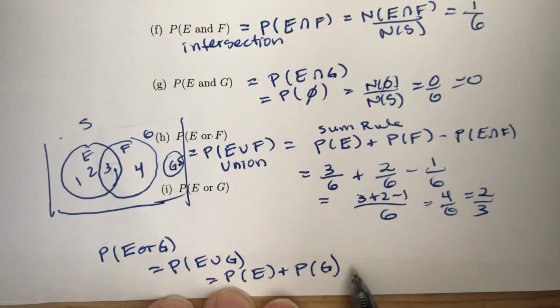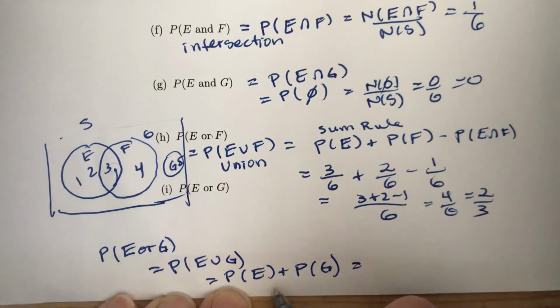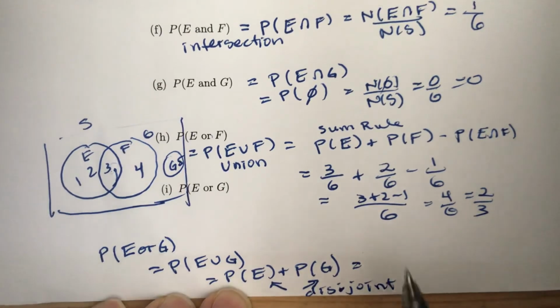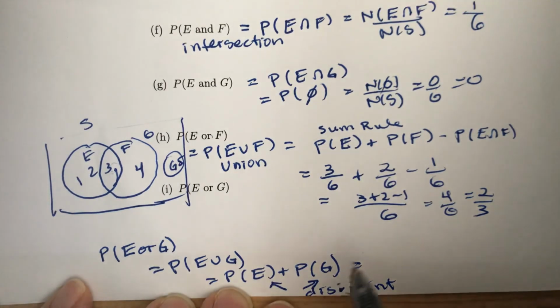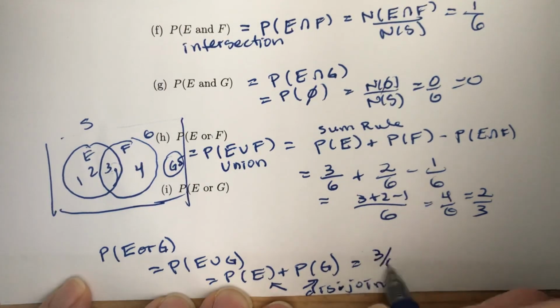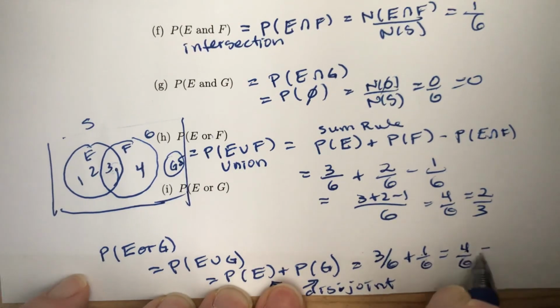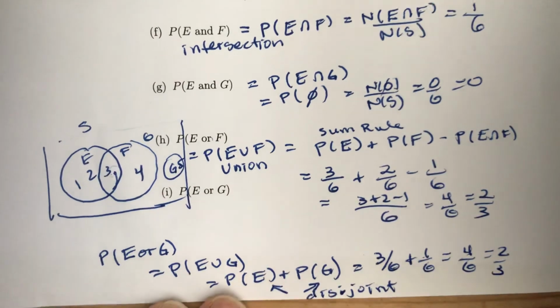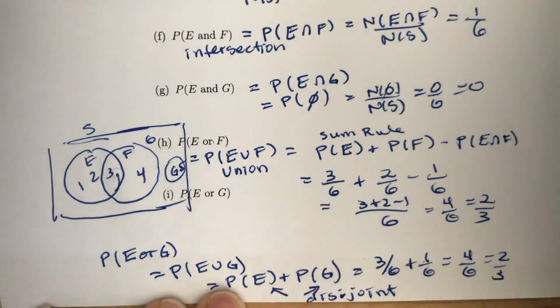So you can subtract the intersection, but the intersection is the empty set. So there's nothing to subtract. So these are disjoint, and we don't need to subtract away anything. So probability E, we did before, is 3 out of 6. Probability G is 1 out of 6. So we get 4 out of 6, which is 2/3. Okay, so that's all.